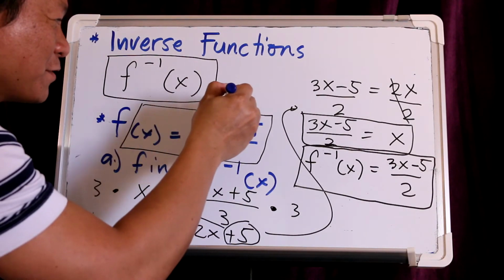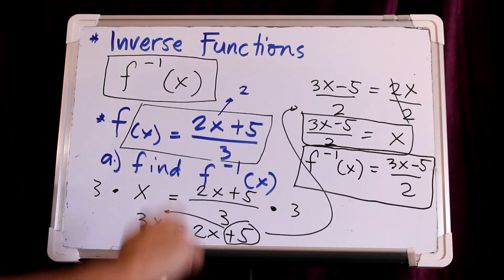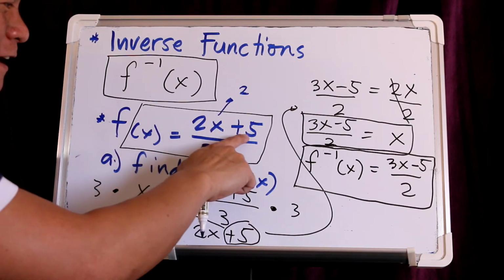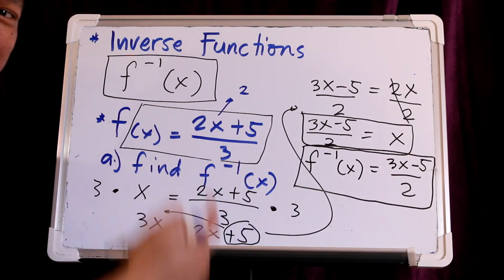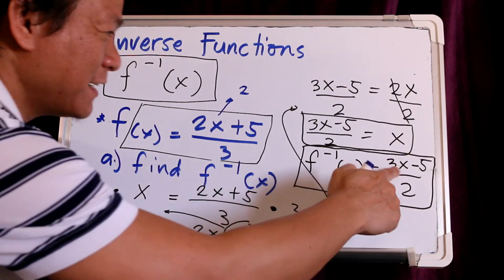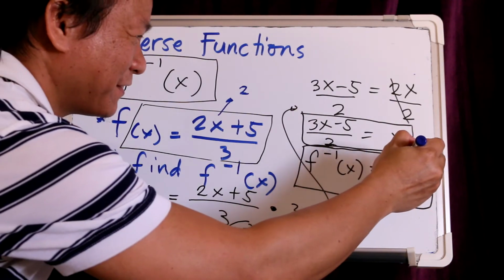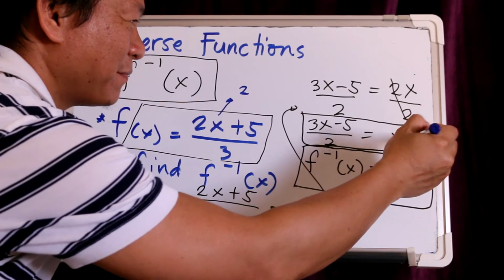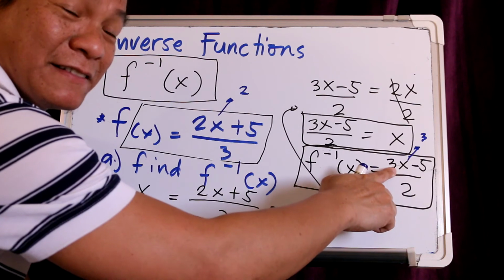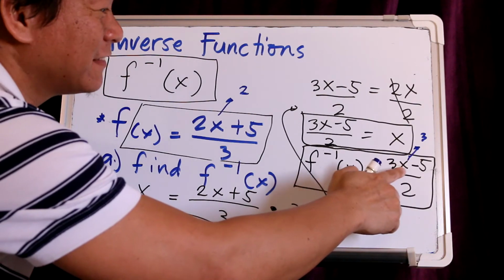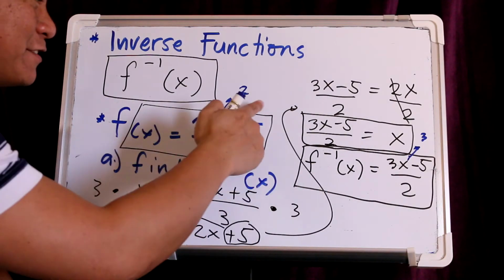So 3 times 3, that's 9, minus 5, that's 4, divided by 2, makes 2 as the answer.